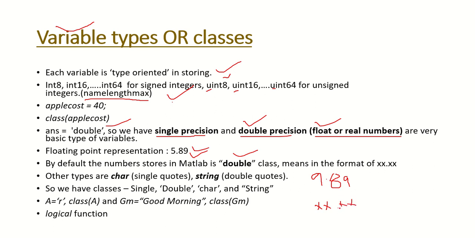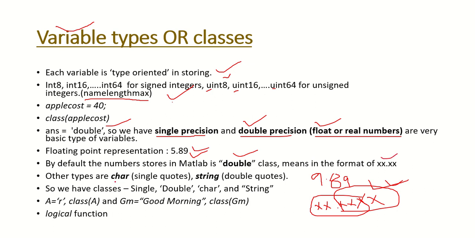But by default MATLAB will display four decimal places in any calculations, if it is a floating point, that means if it has decimal places.